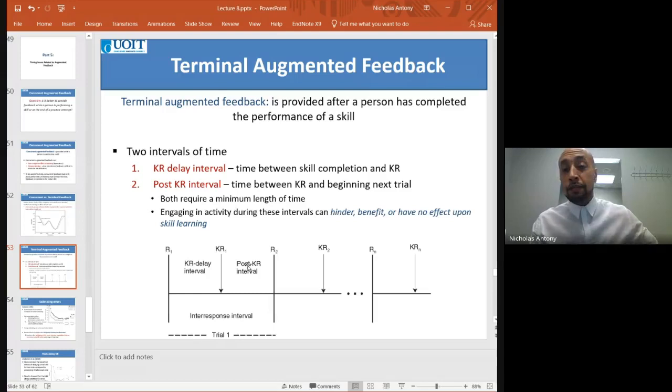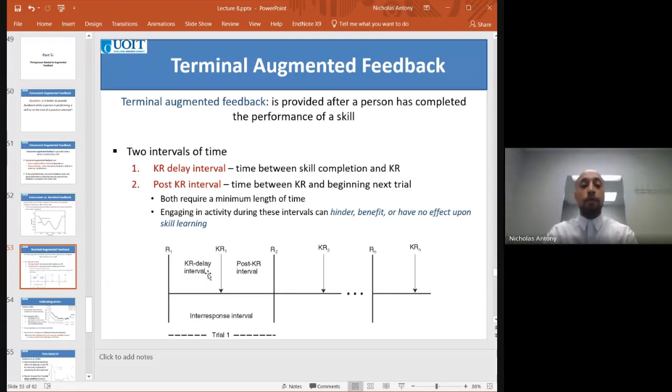They wanted to look at whether there's something that participants or beginners could do in the time period between trials, either before or after they get their results, their augmented feedback, that will help improve learning. What they found was that having people engage in different activities between trials could hinder, benefit, or have no effect on skill learning.